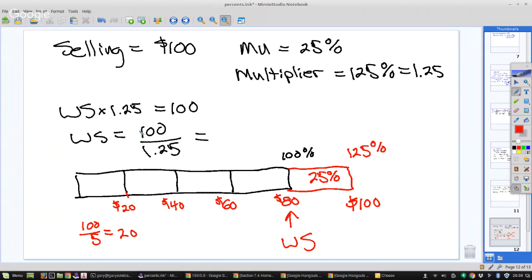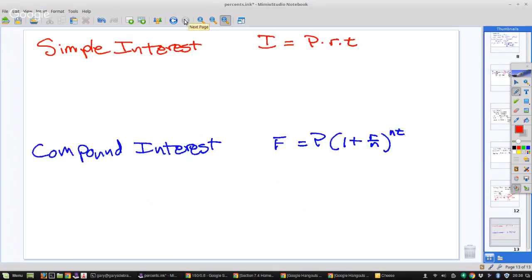All right, next on our agenda, simple interest and compound interest. So simple interest is a legal definition. And it basically says you have some starting amount, you have some interest rate, and you have some time that's elapsed. Now the rate and the time are related to each other.